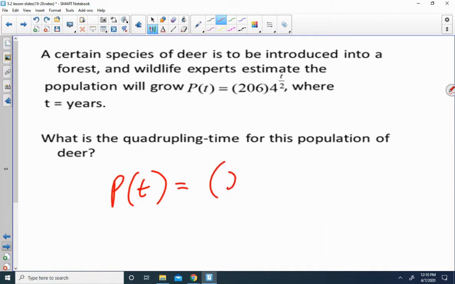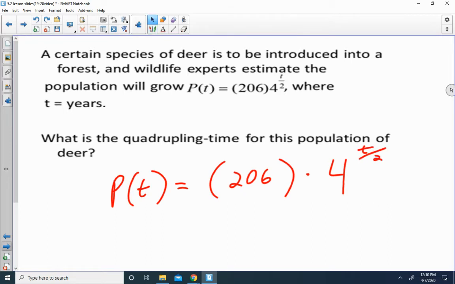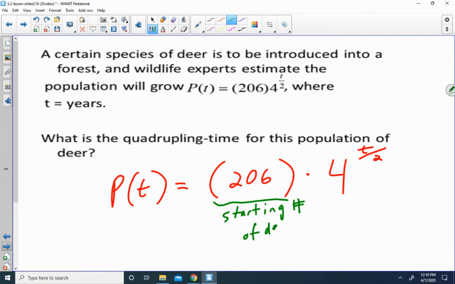So, let's write down the equation we have. The population is going to be equal to 206 times 4 to the power of t divided by 2. Well, this time, 206 is our starting number of deer. And then, of course, this will be the new population of deer.